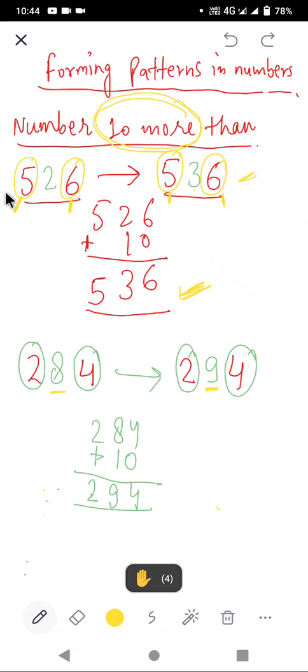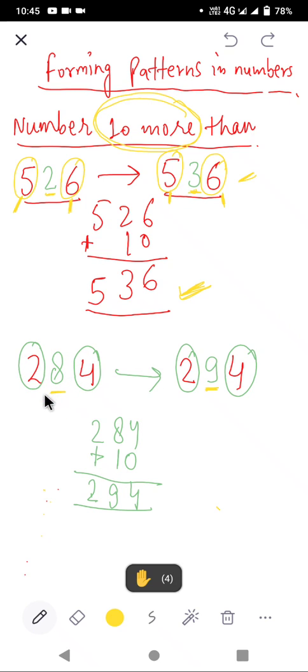Means hundreds place digit and ones place digit are same. What is changed? The tens place digit is only changed. Here we have 2 and here we have 3. So only tens place digit will change. 10 more than 526 is 536. Tens place digit will change only.